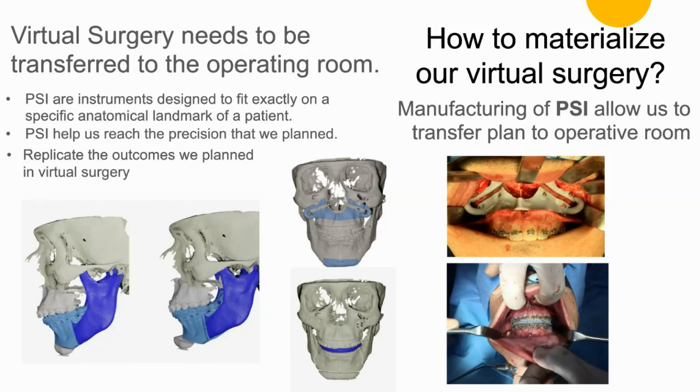These instruments are very accurate instruments that are designed to fit exactly on a specific anatomical landmark of the patient. These landmarks are usually bony prominences, bone especially. And these patient-specific instruments help us to reach the precision that we plan.